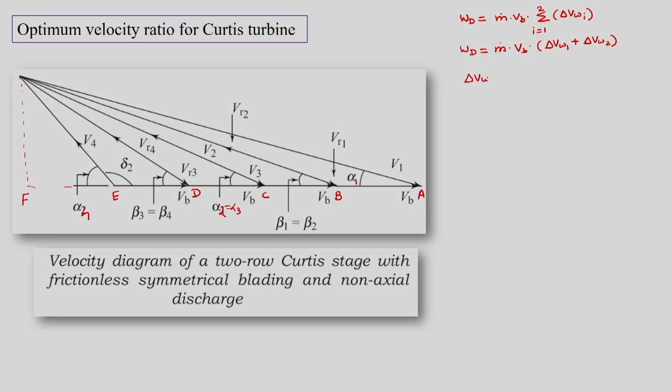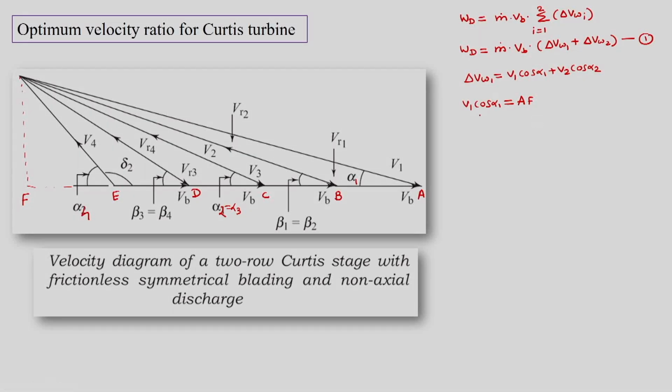Now let us find out delta VW1 and delta VW2. So we are interested in finding out delta VW1. Let us name this as equation number 1. We know delta VW1 is equal to V1 cos alpha 1 plus V2 cos alpha 2. As per this diagram, V1 cos alpha 1 is equal to AF.